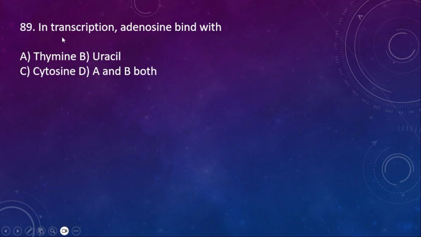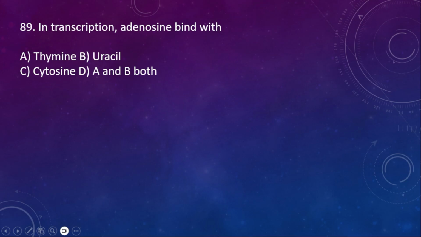Next, 89. In transcription, adenosine binds with A. Thymine, B. Uracil, C. Cytosine, D. A and B both.